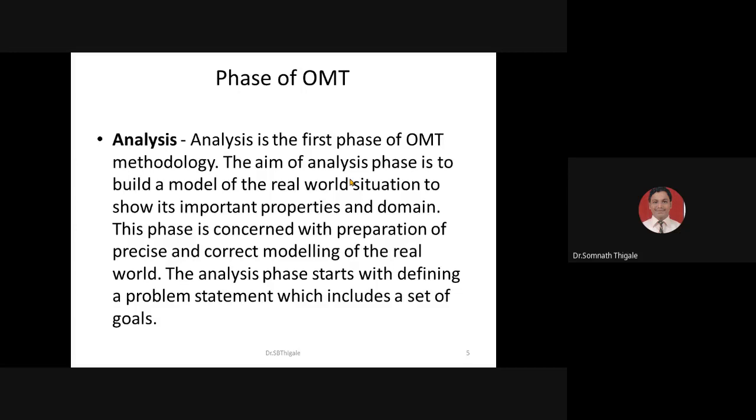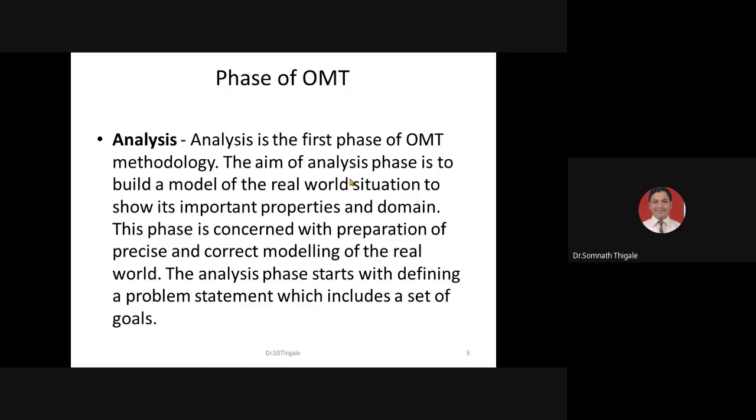So here the analysis phase is nothing but performing an investigation correlating with the real world scenarios, and with respect to real world scenarios we perform the analysis part. So this is the phase of OMT.